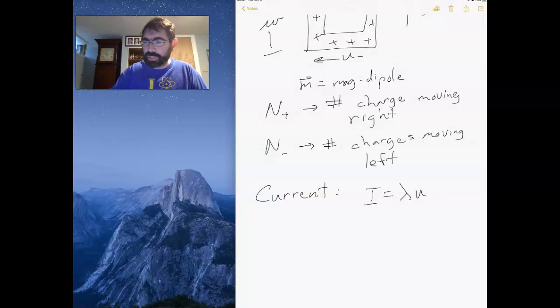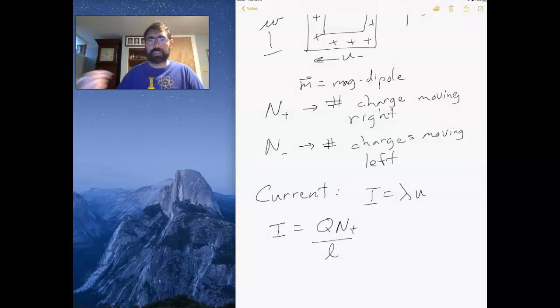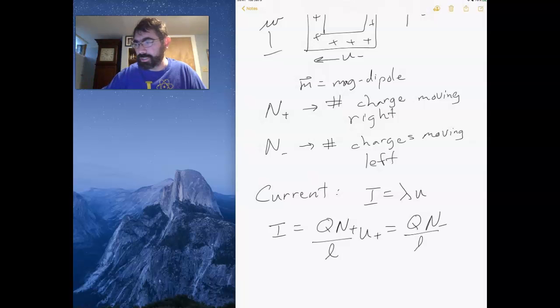So therefore, the current you would get is the charge of each particle, the number of the particles moving in the top part of the coil, divided by the length to get the charge density, times the speed in the top coil. And that should be the same as what goes on in the bottom, because we should get steady currents flowing in this coil.